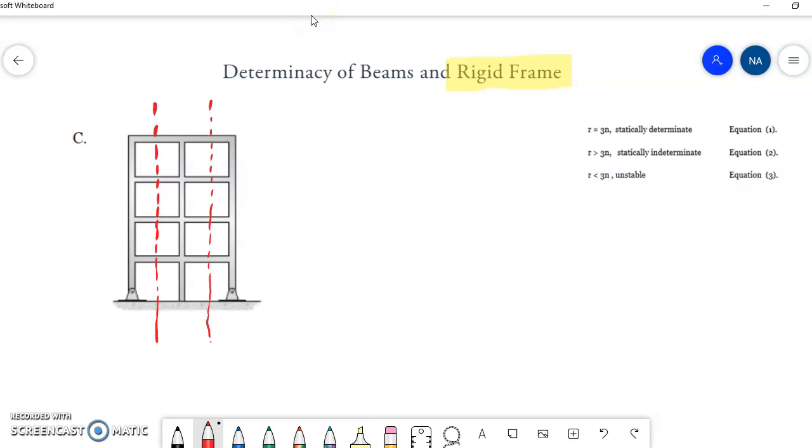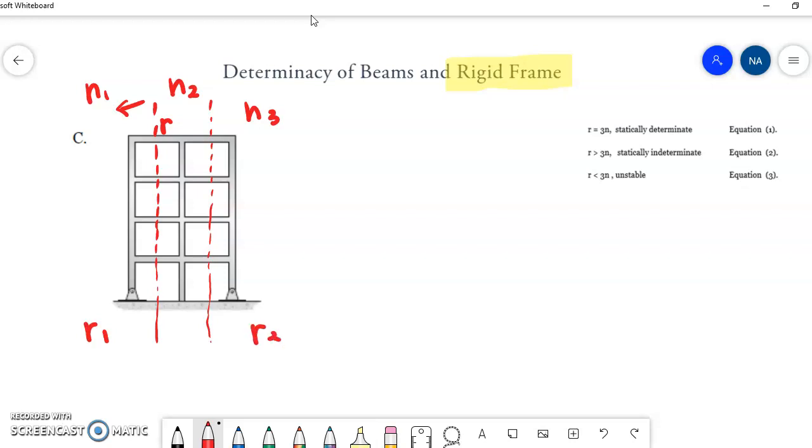So how many parts will we have? This part will have n1, this part will have n2, and this part will have n3. Each cutting loop will have an internal reaction. Let's say this one is R1, R2.